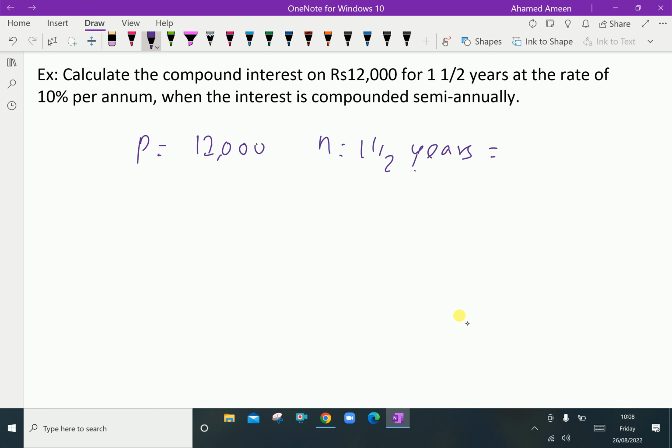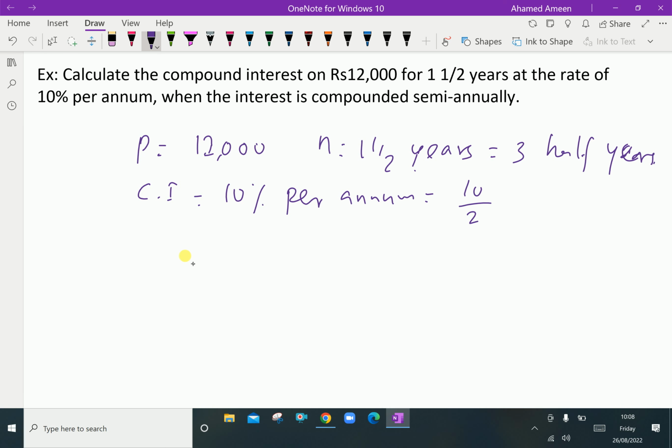Each half year they calculate, therefore n is 3 half years. The compound interest rate is 10% per annum, which is 10 by 2, that is 5% per half year, because every half year the interest is 5%.